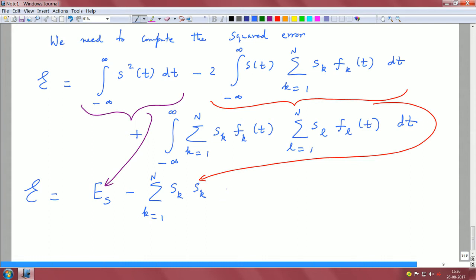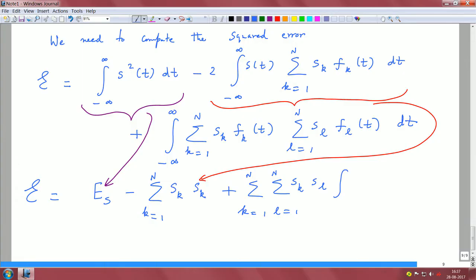The last term is also not too hard. First we just pull the summations out, k equals 1 to n, sum l equals 1 to n, and I pull out s_k and s_l, right. I just get this integral. You have to be extremely careful when you exchange summations and integrals. In signal processing we just take it for granted, but the roots of this are in analysis.